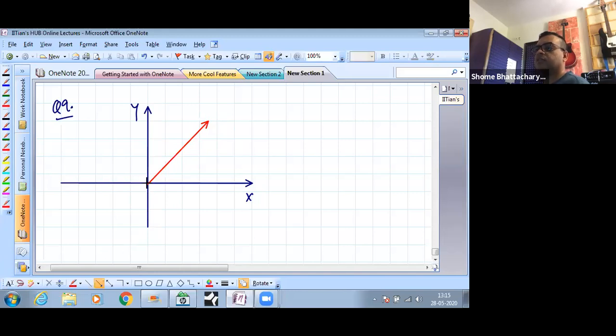And vector B is like this. And the condition is that A plus B is along y-axis. So this is how we will proceed here. First, write A and B in component form.